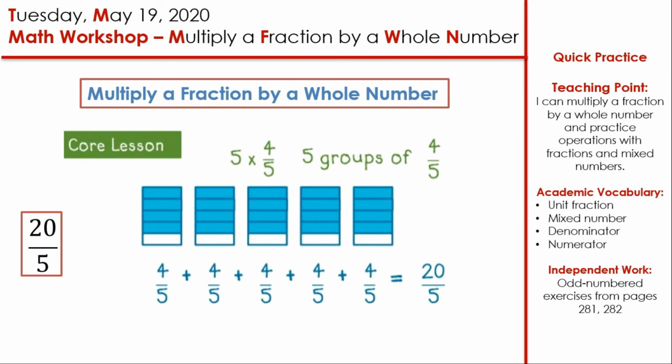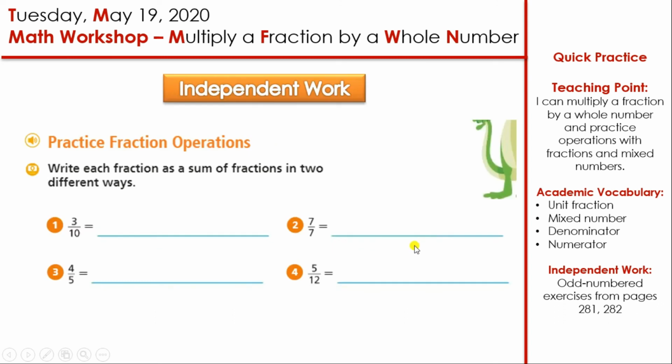Keep in mind that in the same way, we multiply the whole number times the numerator, and we leave the same denominator. 5 times 4 equals 20, and we leave the same denominator, that is 5.